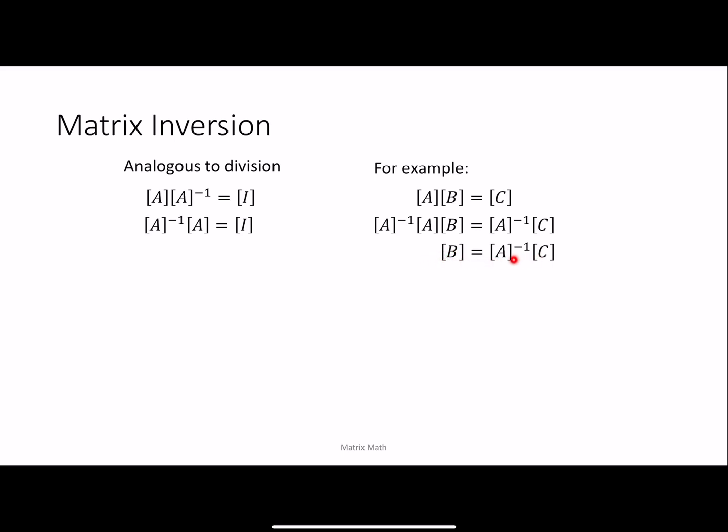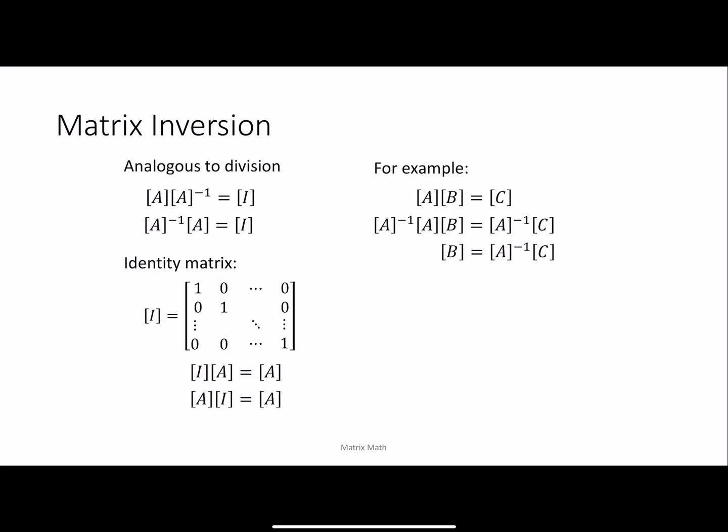And so the solution to this linear system can simply be written as A to the minus 1 times C, right? This is the equivalent, again, of division. And again, here's the property of the identity times A, or A times the identity is equal to A, right? So this is something you can quickly double check for yourself.